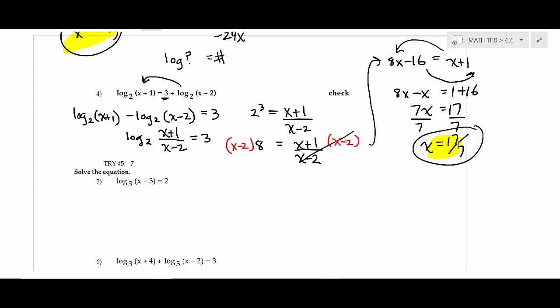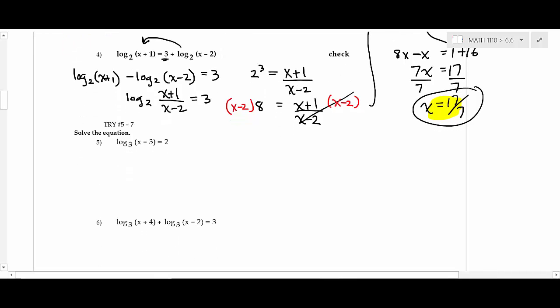If you go here, 17 over 7 minus 2 is also okay, because 17 over 7 is a little bit bigger than 2, so that's positive. At a minimum, that's what you want to do. You don't have to go through all the details necessarily. You're just looking to make sure that you're not doing a log of a negative. Does that make sense to everybody? Okay, so double check that.